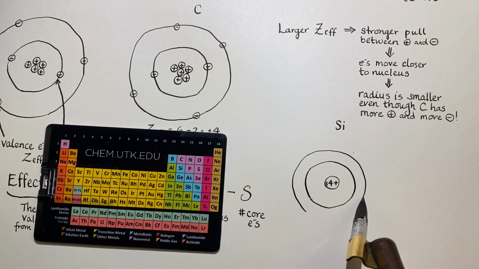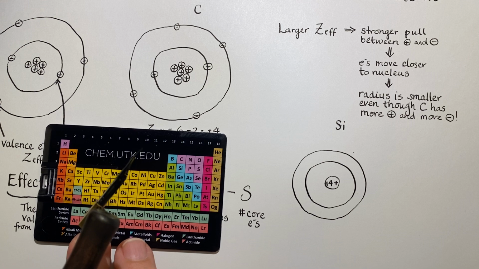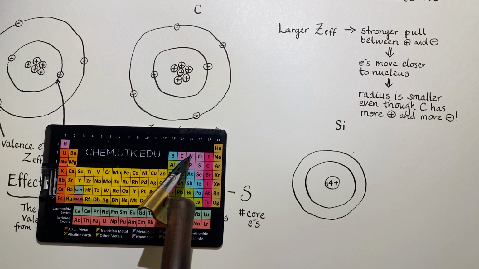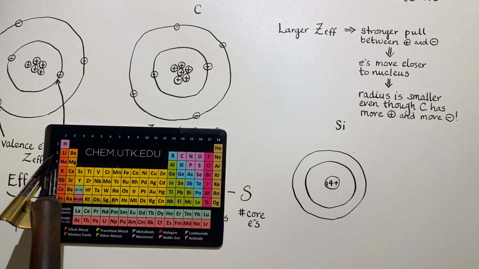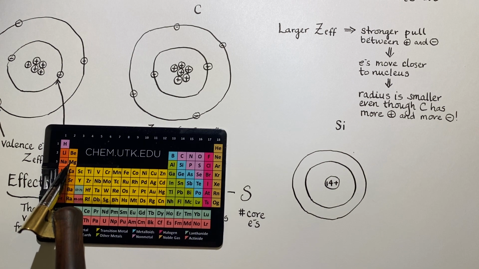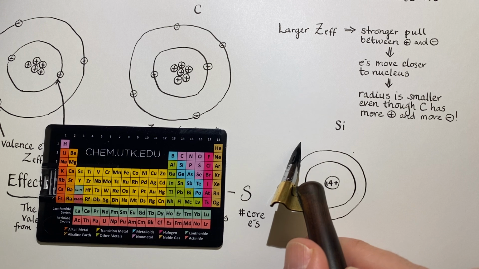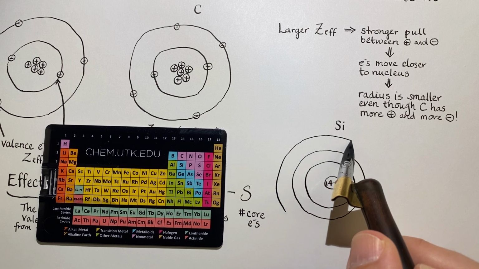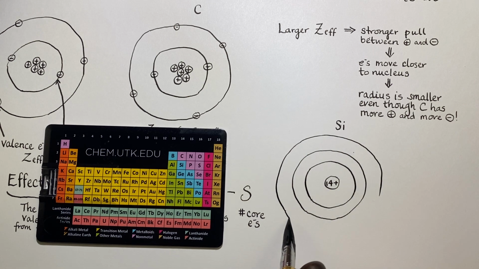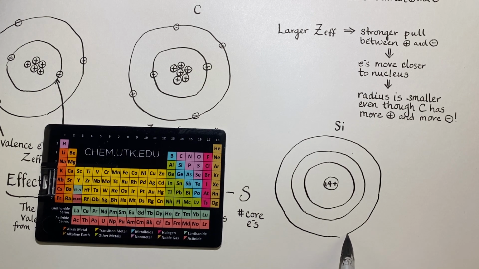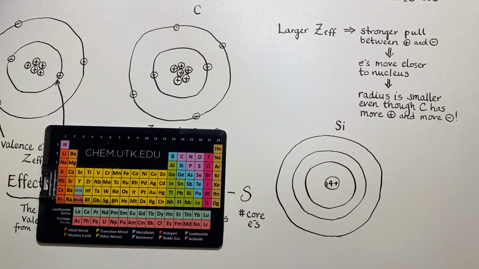We have the next shell that holds 8, which we can see 1, 2, 3, 4, 5, 6, 7, 8. 8 electrons are held in that second shell, but silicon is in a third shell. So we need another one. So as you can see, just like layers of an onion, silicon has a whole other shell than carbon does.